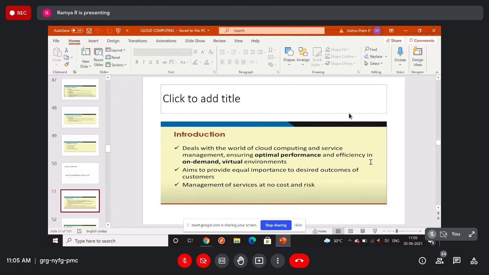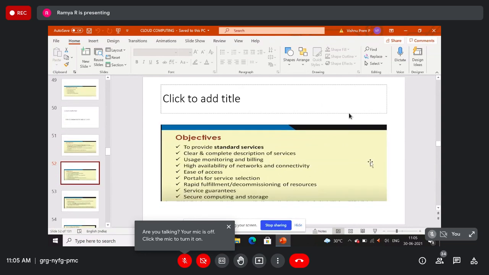Okay, service management and security actually deals with the world of cloud computing and service management, ensuring optimal performance and efficiency in on-demand and virtual environments. It aims to provide equal importance to desired outcomes of customers, and management of services at no cost and risk.